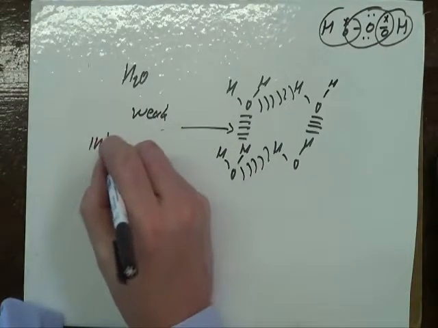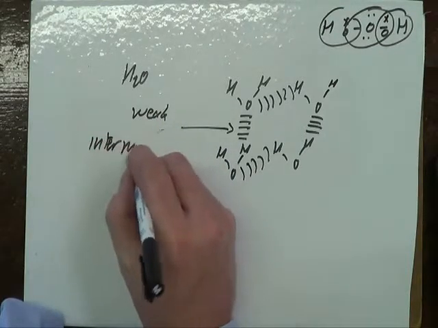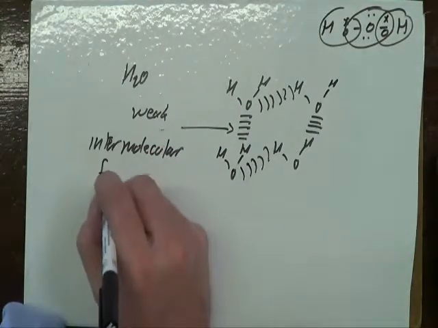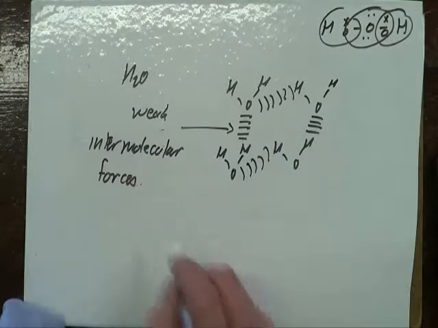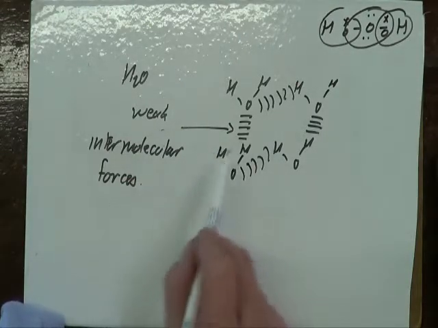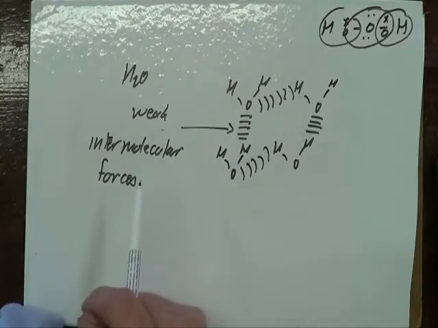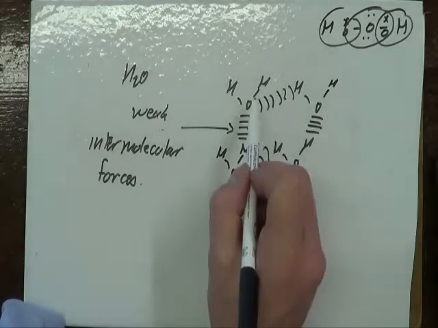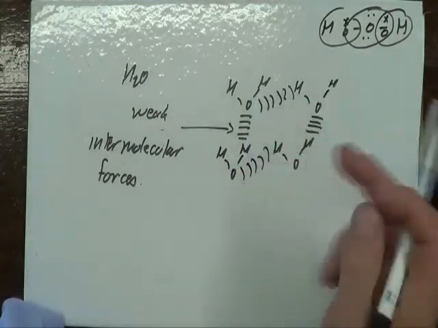And they are called weak intermolecular forces. Some of them are van der Waals. These are not, these are actually hydrogen bonds, but the majority of them are van der Waals forces. But they're very weak. So if I want to melt or boil water, I will have to get separate water molecules.